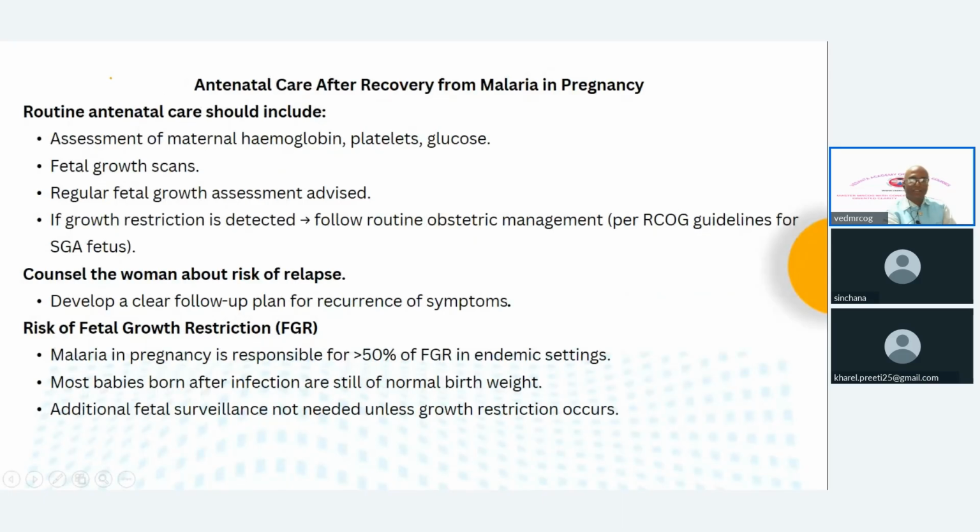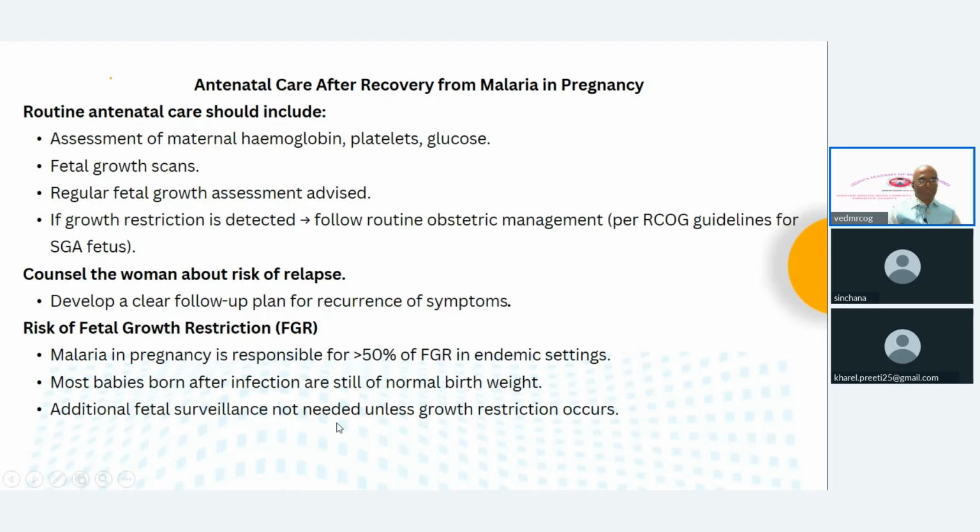Okay, so what antenatal care will you provide after recovery from malaria? Routine assessment, go for the fetal growth scan, monitor maternal hemoglobin, platelets, glucose, etc. Regular fetal growth assessment is advised. If growth restriction is detected, then go for management as per the RCOG guideline. Okay, counsel the woman about the risk of relapse and risk of FGR.